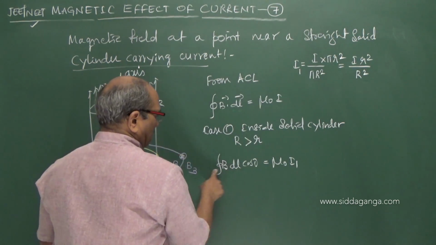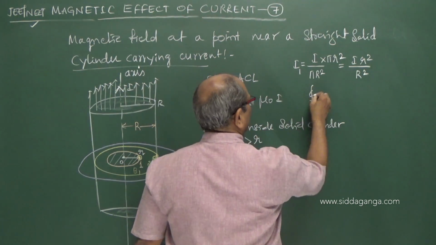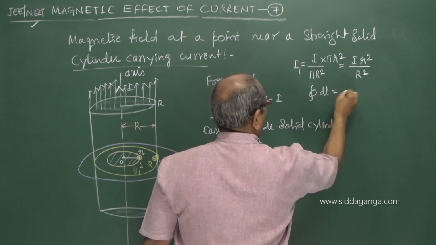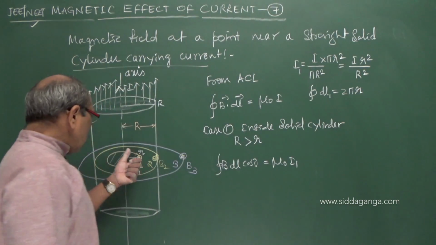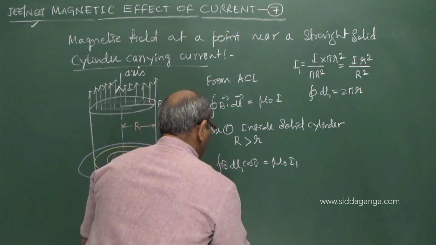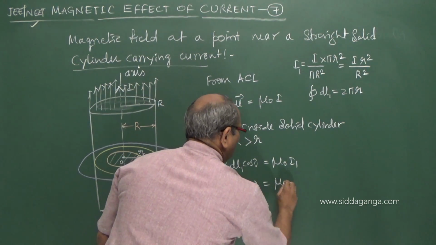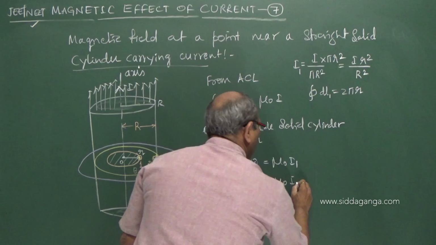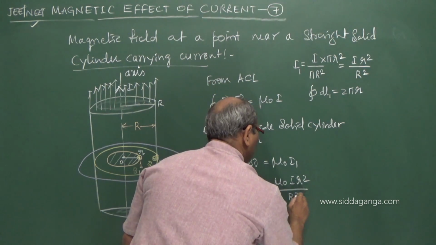So when I go for the integral, integration of dl for this one is 2 pi r, because I consider only the inner one. So B into 2 pi r is equal to mu naught I r square by R square.